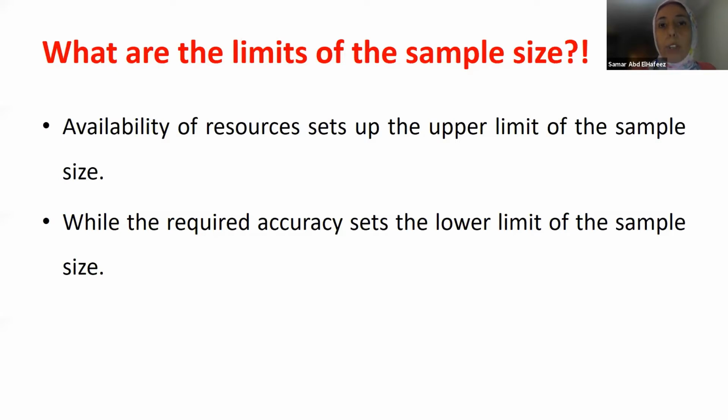So I'm always between two limits. What's the feasibility of doing this study? What is the available resource? And the accuracy or the representation of my findings on the target population I want to set.